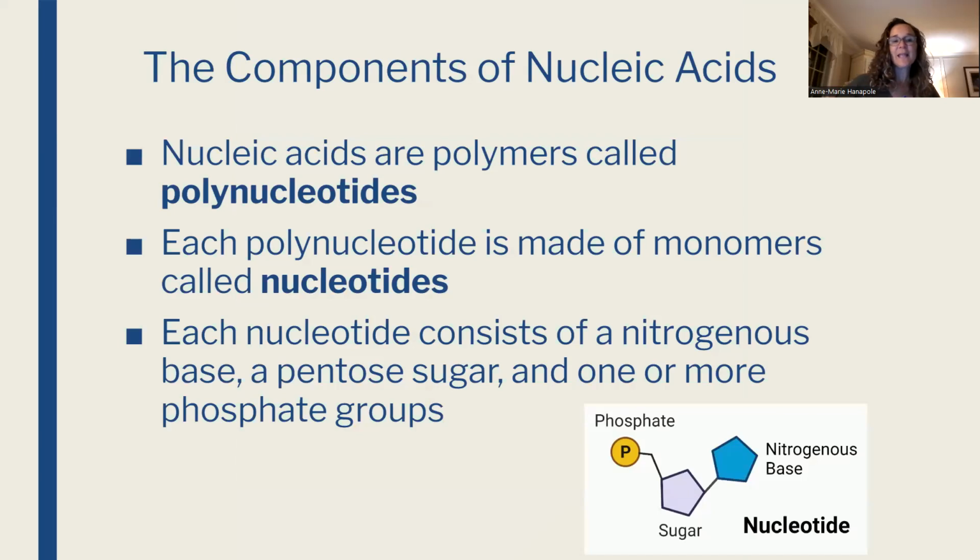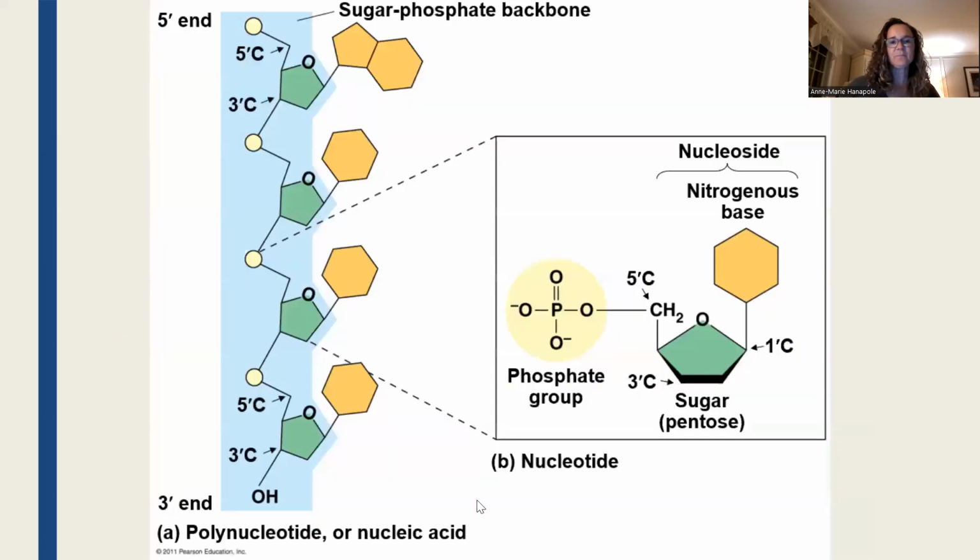But again, it is a monomer-polymer relationship. So it is a polynucleotide because it's made up of a whole bunch of monomers called nucleotides. And a nucleotide has 3 components to it. It has a sugar, and attached onto that sugar is a phosphate group and a nitrogenous base group.